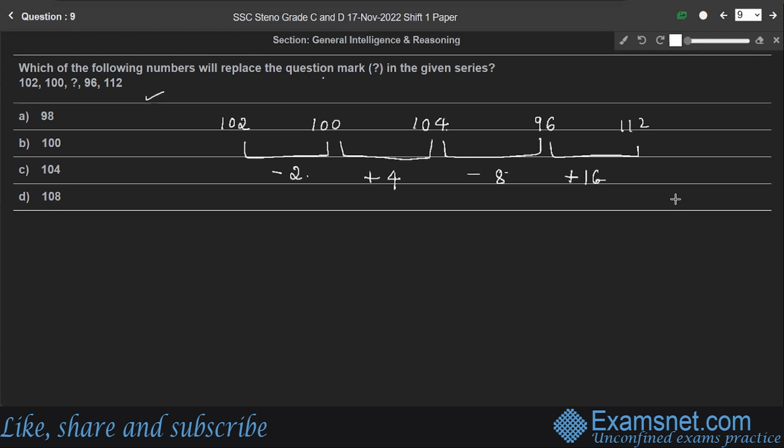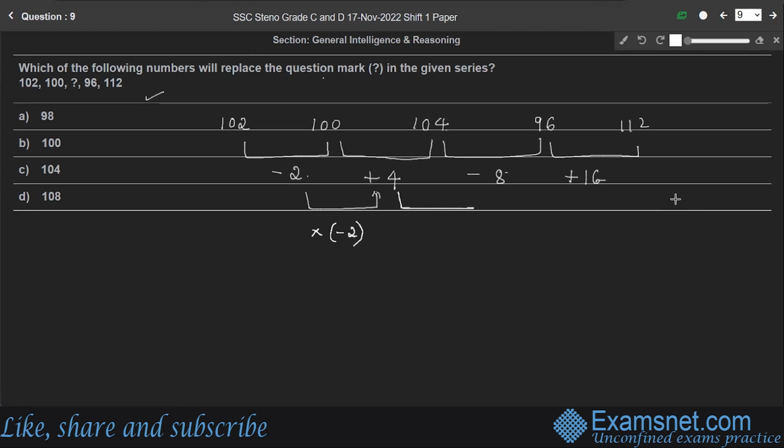So that is minus 2 into minus 2 gives plus 4.